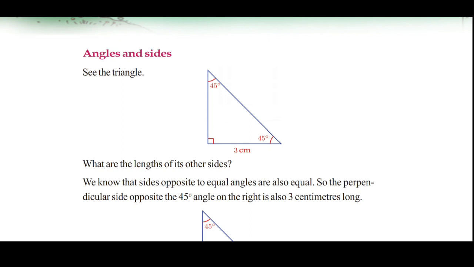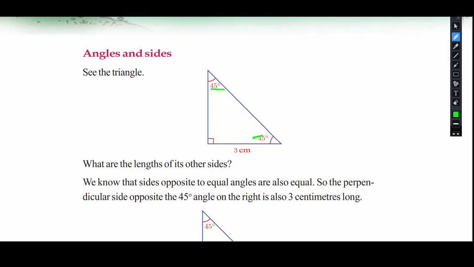What are the specialities of an isosceles triangle? This angle is equal to 45 degrees and this one is also equal to 45 degrees. If two angles are equal, it is called an isosceles triangle, but it is also a right triangle.